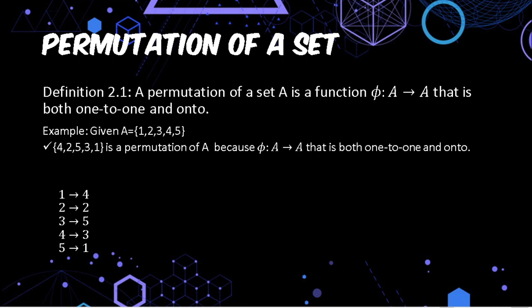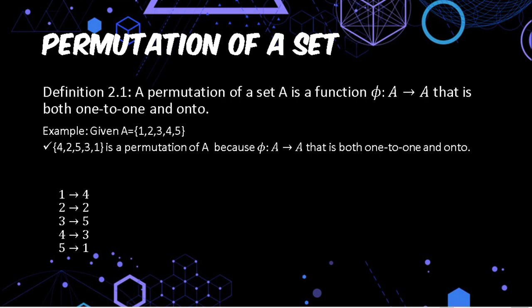Permutation is actually synonymous to what we already know, arrangement of objects. Yun lang naman yung ibig sabihin natin sa permutation even in this course na abstract algebra. We just have a more formal mathematical definition here, more anchored to abstract algebra.